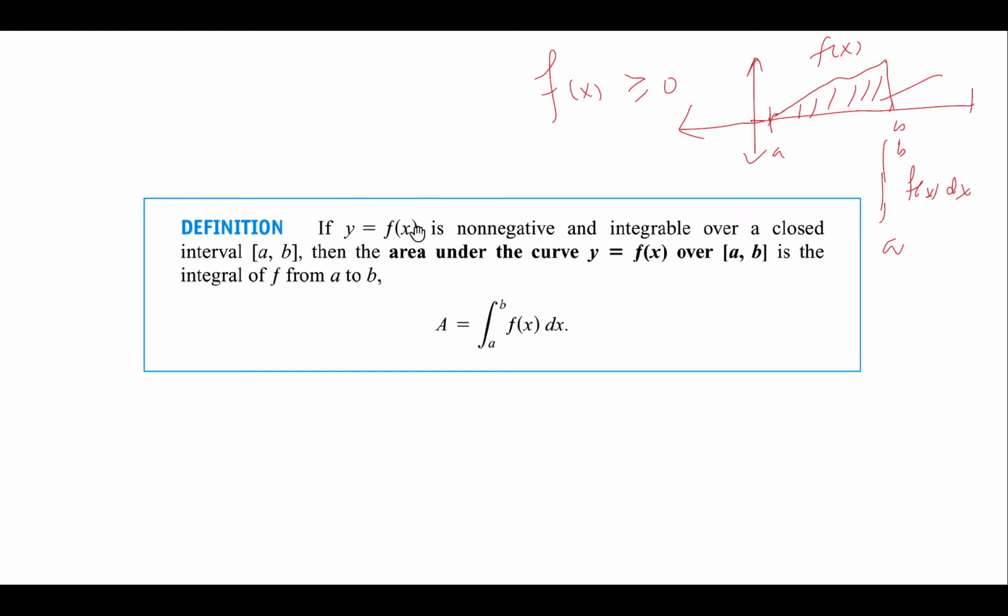So if f of x is non-negative and integrable over a closed interval from a to b, then the area under the curve over a to b is that definite integral.